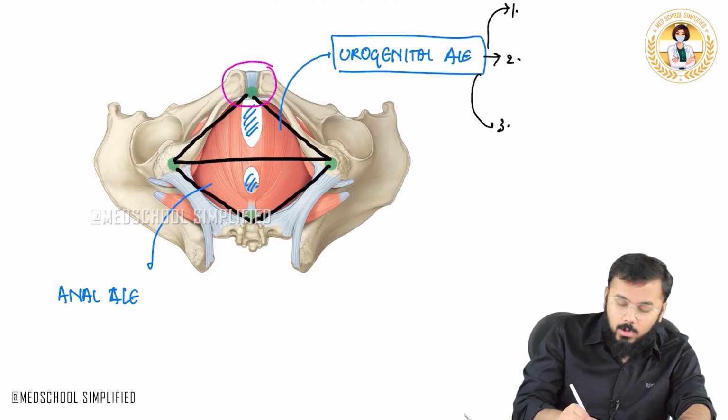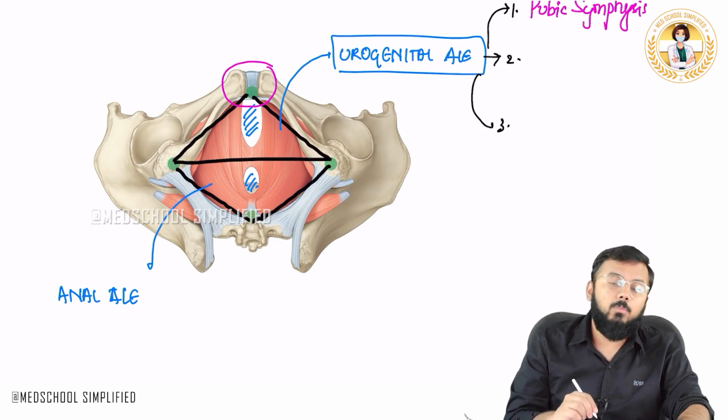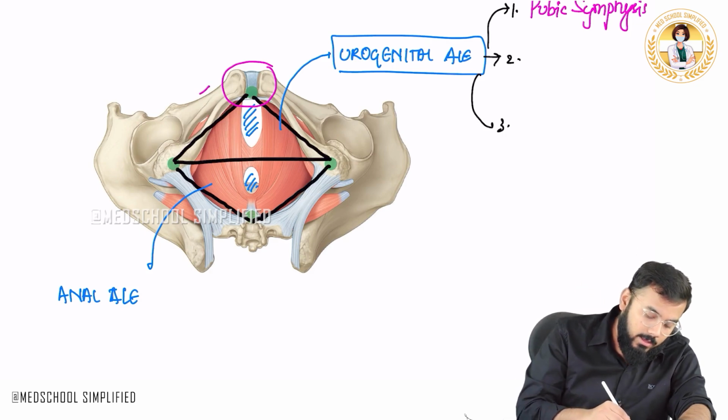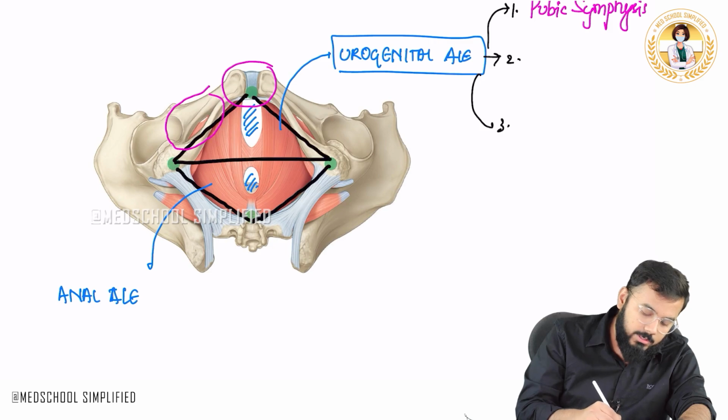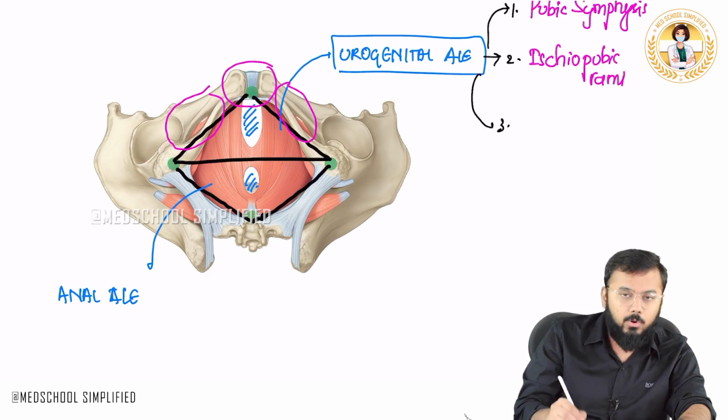This is your pubic symphysis. The next important border is the ischiopubic rami. This rami which you can see here is the ischiopubic rami, the second important one.